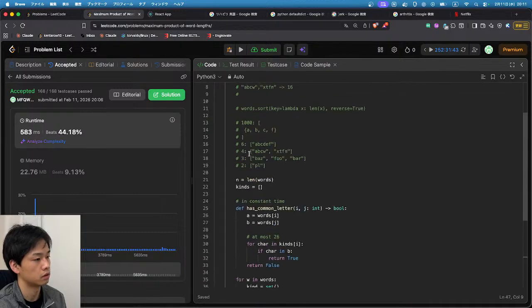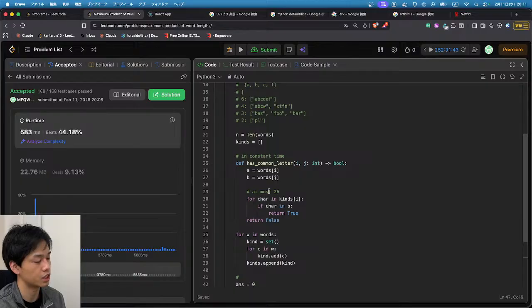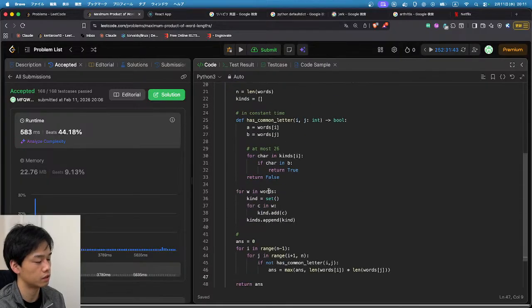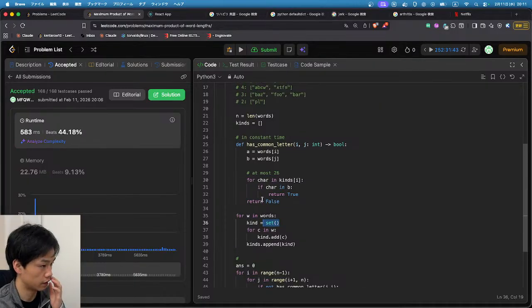So essentially the same. The difference is just to use set or bit mask, right?